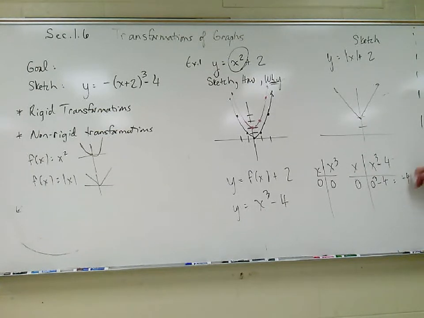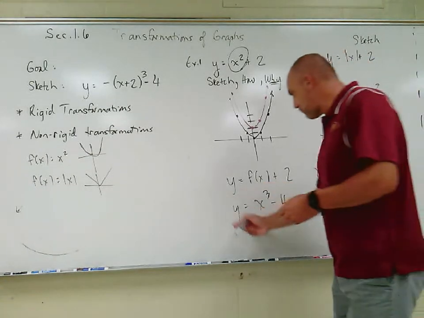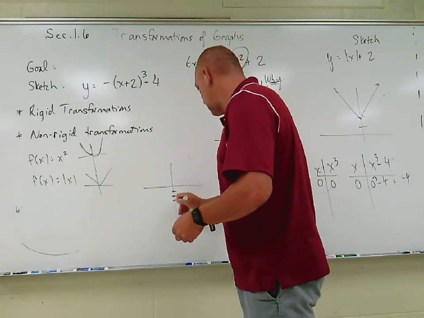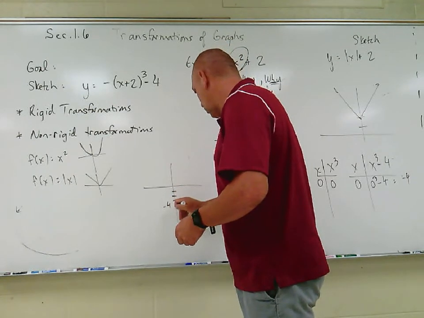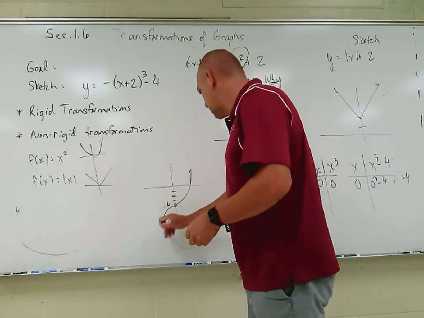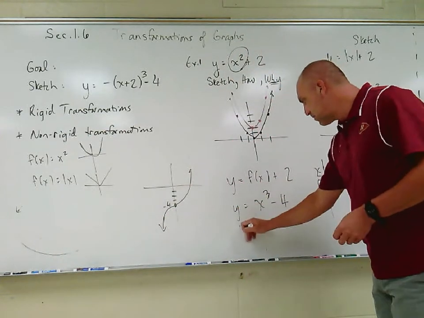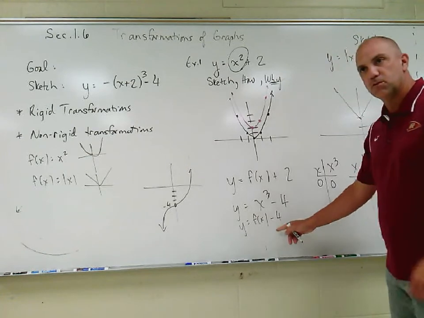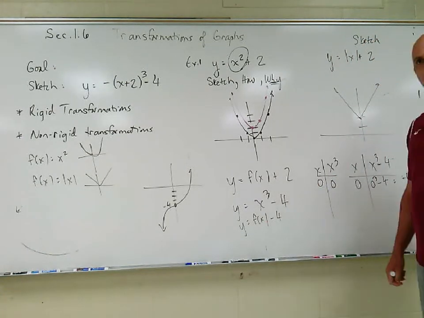Negative 4, which kind of helps me feel better about it. So now if I'm going to graph this one, I take my x cubed graph and I move down 4 like that. Okay? And it fits the form f of x minus 4, which means we're subtracting 4 from all of our y's.